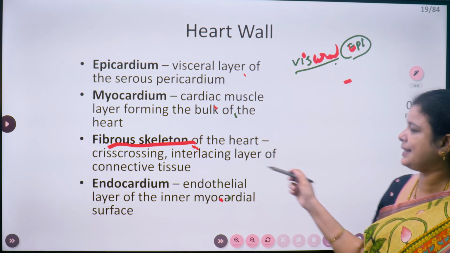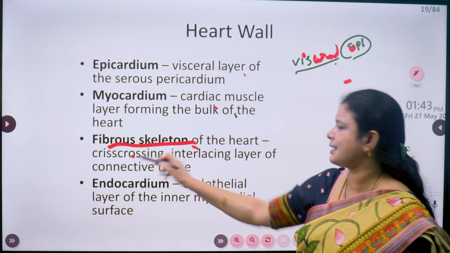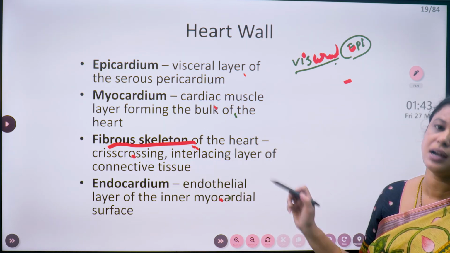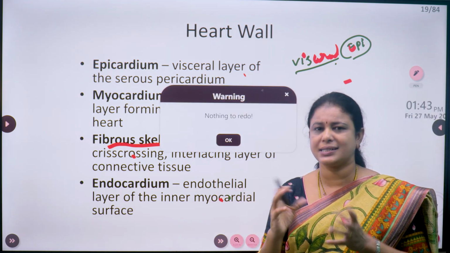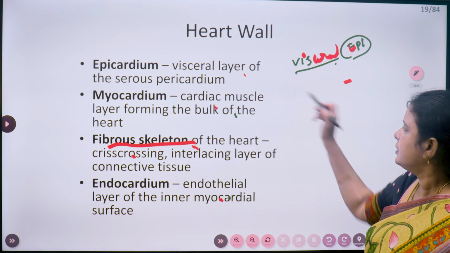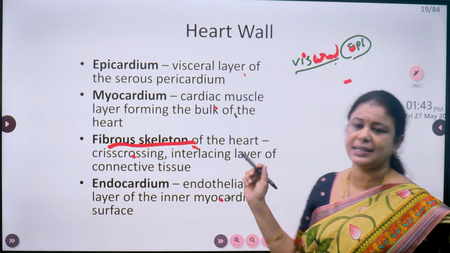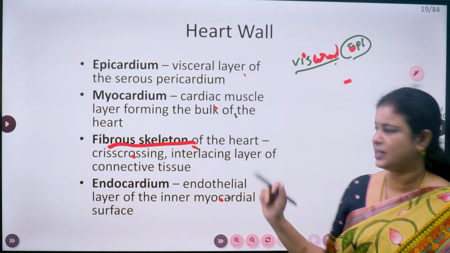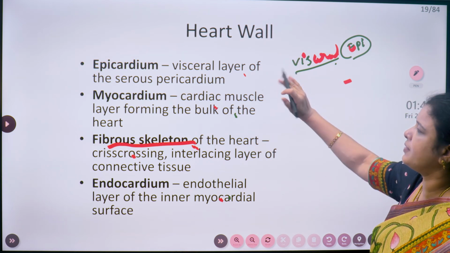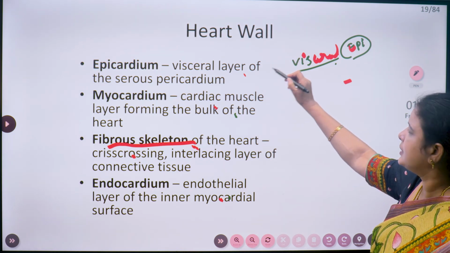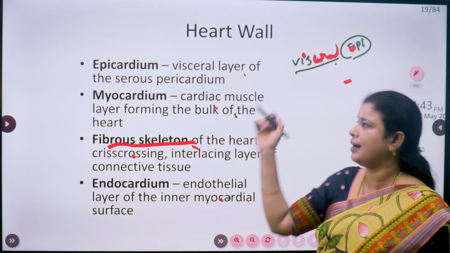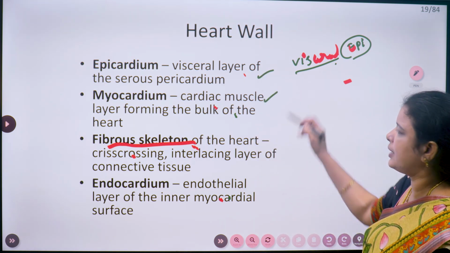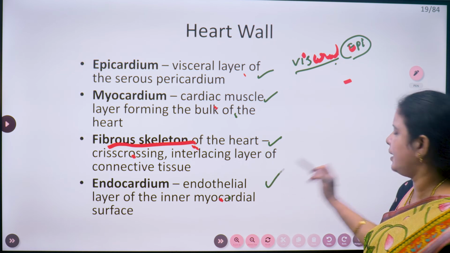This fibrous skeleton of the heart has crisscrossing, interlacing layers of connective tissue. The layers found in the heart wall are epicardium, myocardium, fibrous skeleton and endocardium.